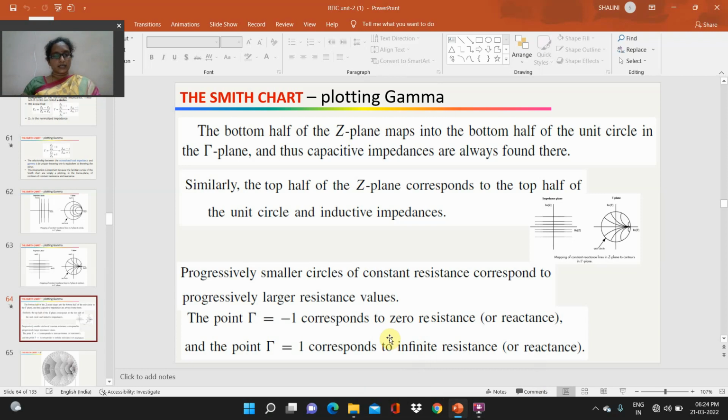Progressively smaller circles of constant resistance correspond to progressively larger resistance values. The point gamma equal to minus 1 corresponds to zero resistance, and the point gamma equal to 1 corresponds to infinite resistance or reactance.